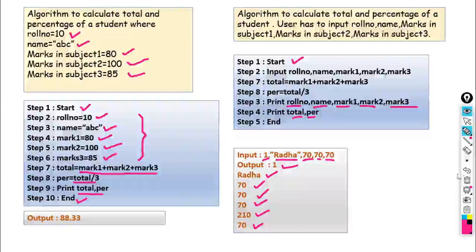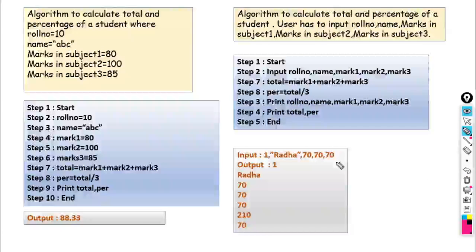Okay, so in this particular example we have seen how we can input numerical values as well as string values. These 3 examples: the first example was to calculate area and circumference of a circle, the second example was to calculate perimeter of a triangle, and the third example is to calculate total and percentage when roll number, name and marks in 3 subjects are given.